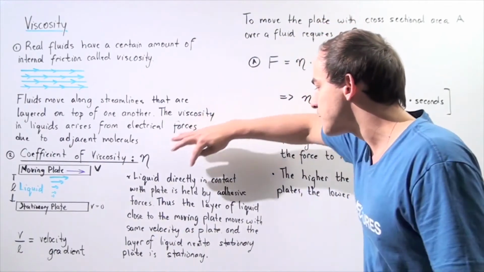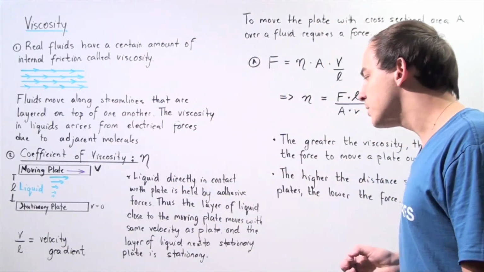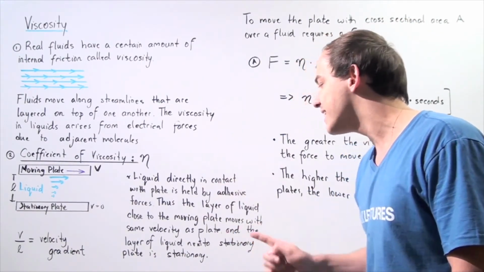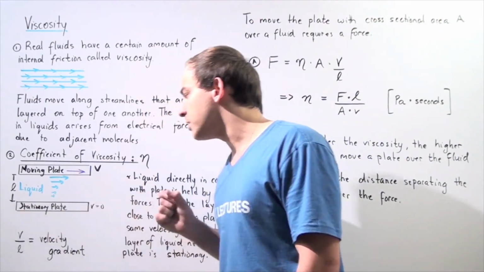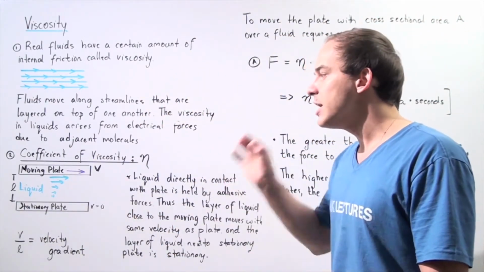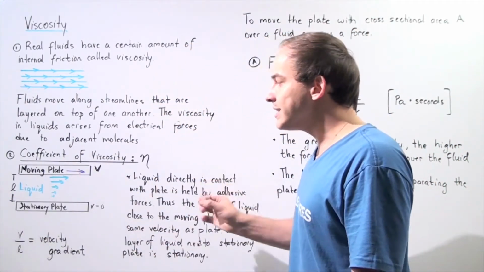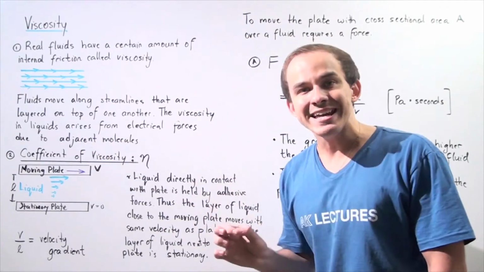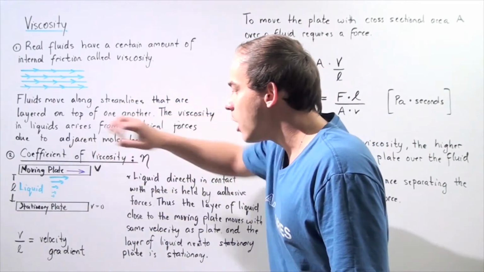So that means that the layer of liquid close to the moving plate moves with the same velocity as that moving plate, and the liquid that is in contact with the stationary plate is also stationary, just like our stationary plate. So we see that the velocity of the liquid between these two plates ranges from a value of v equals 0 to a value of V.